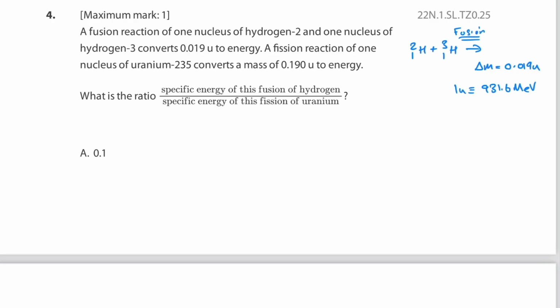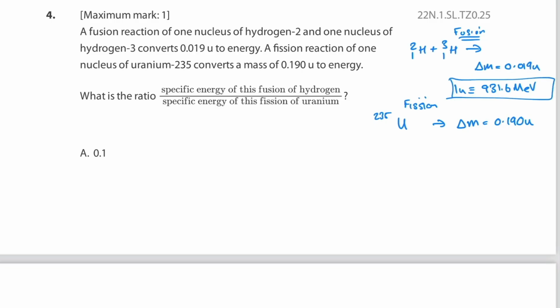Let's look at fission now. A fission reaction of 1 nucleus of uranium-235 undergoes fission, and it gives out a mass defect of 0.190 U. And again, we can work out what the associated energy is by using this equivalence here.